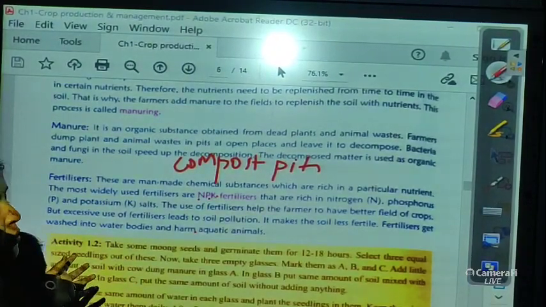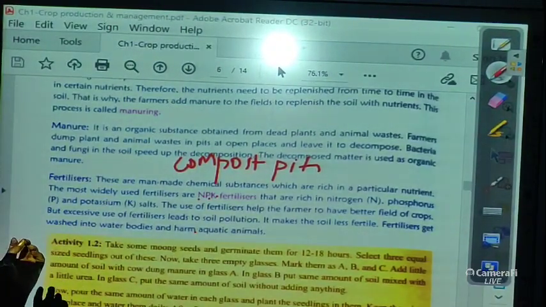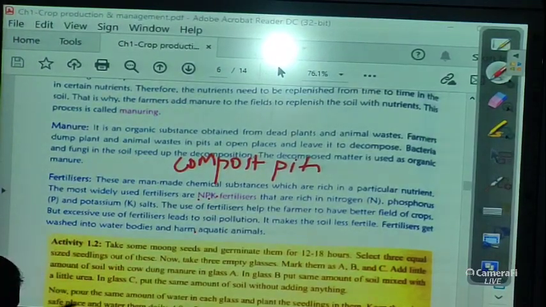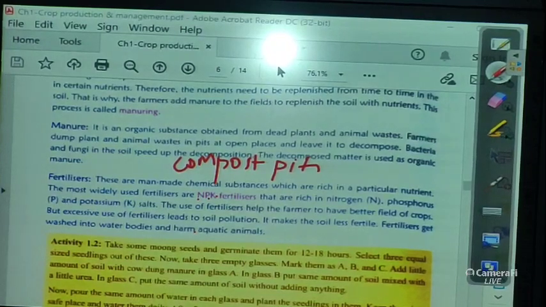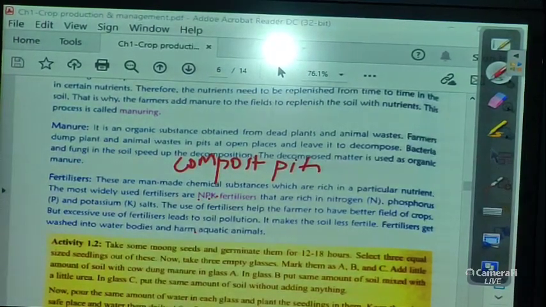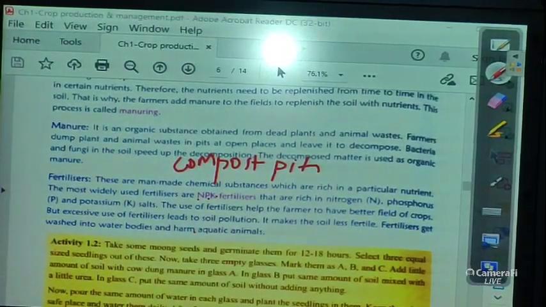When we sprinkle water on the crop, the required amount of water is used by the crop, but the rest of the water drains to the water bodies like ponds, streams or rivers. The chemicals also get washed away with that water, and they go to the river, pond and stream.